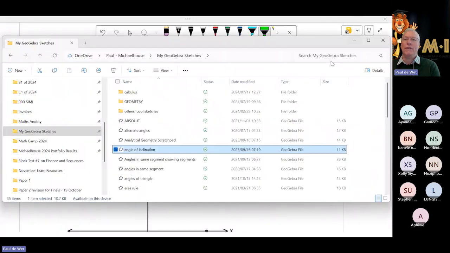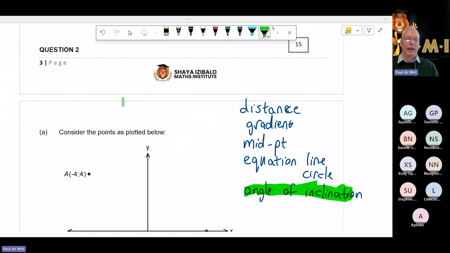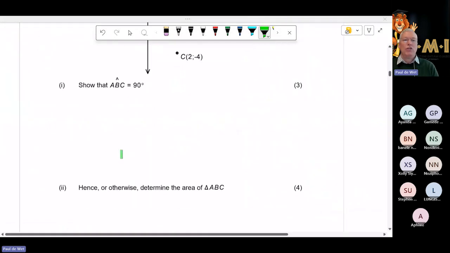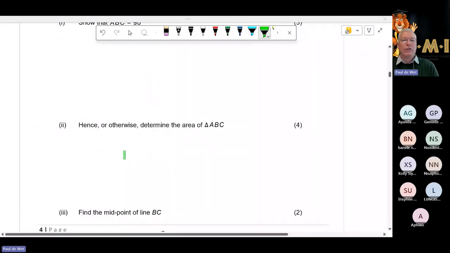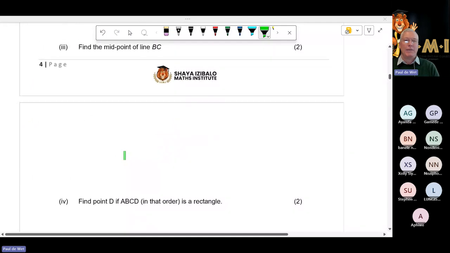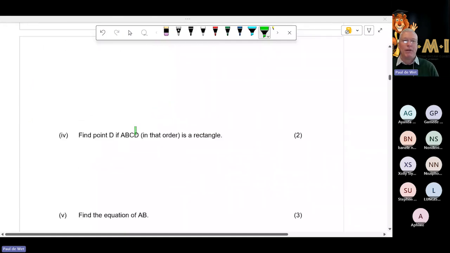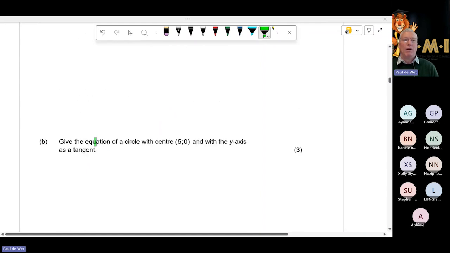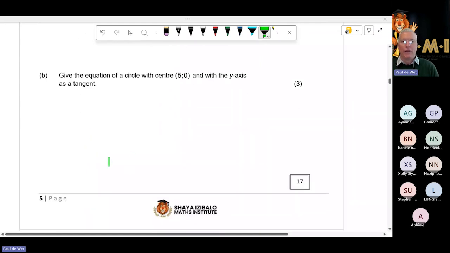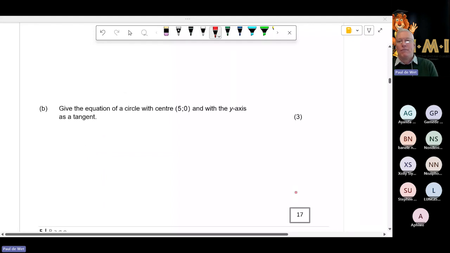What I want you to do now, I've been doing lots of talking and lots of working, okay? I want you to do just the questions. Sorry, guys, the page numbering and the questions have slipped here. I'm sorry about that. I want you just to try the rest of this question. It's 17 marks.